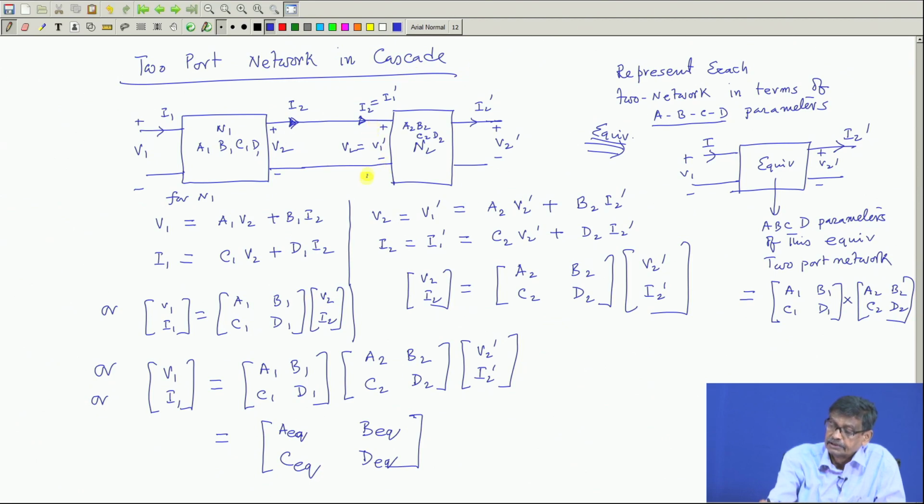The input voltage of this second network is the output voltage of the first, and so on. You can connect several in cascade. So, the product of the ABCD parameters will give you the equivalent ABCD parameters of the networks. That is what I want to tell you.